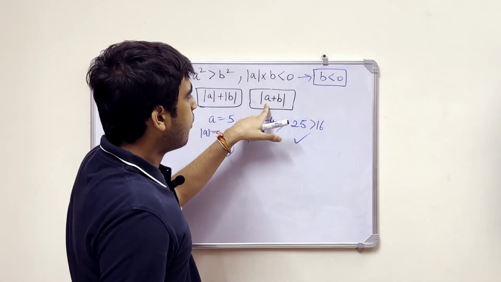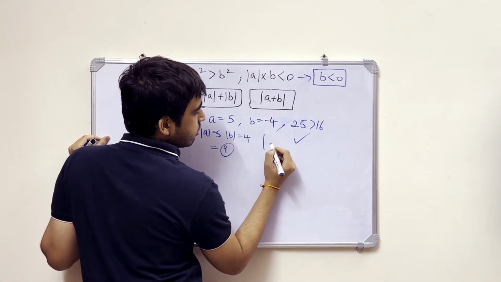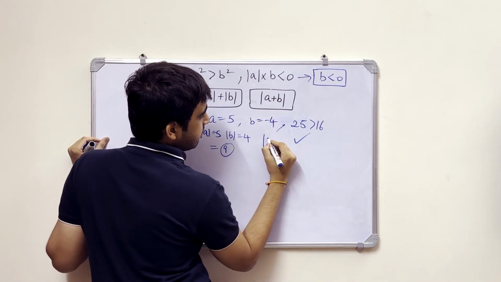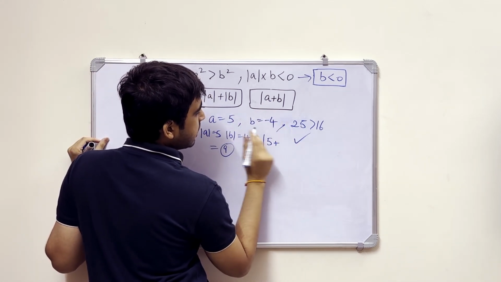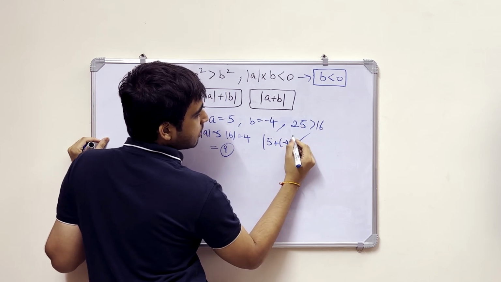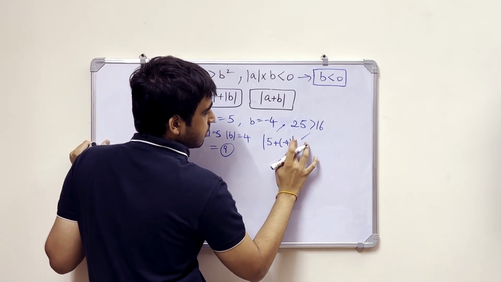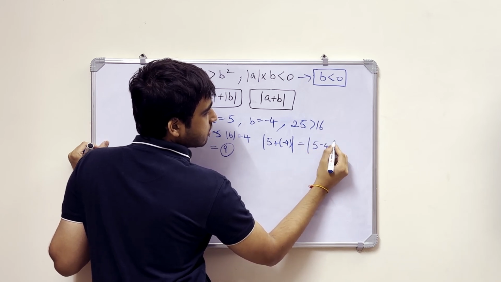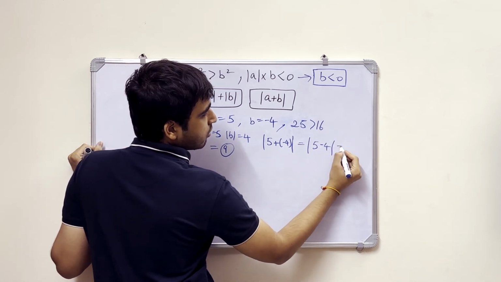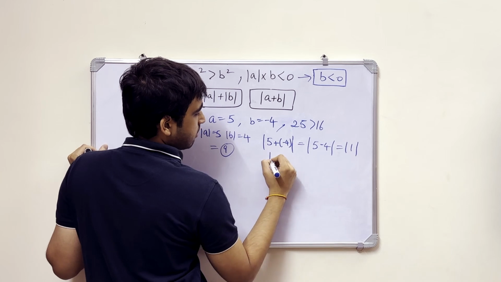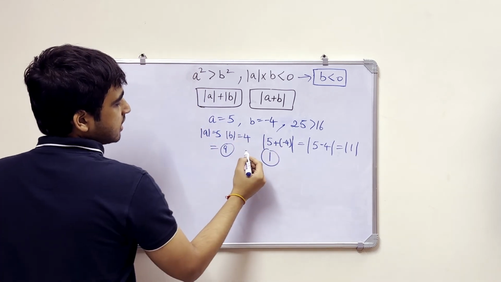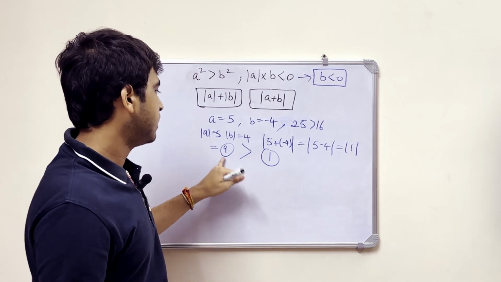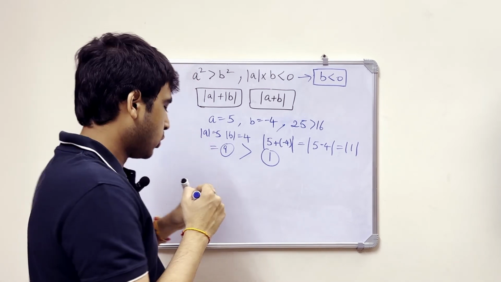Mod of a plus b will be mod of 5 plus -4, which is mod of 5 minus 4, which is mod of 1, which is 1. So in this case, mod a plus mod b is greater.